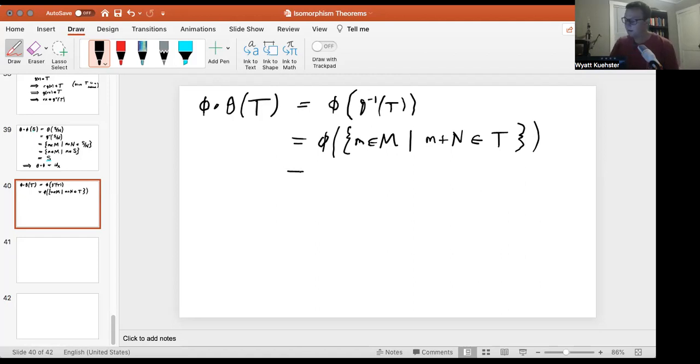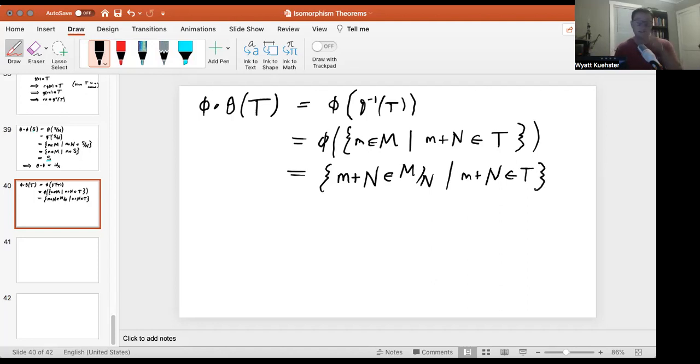And then when I apply phi to this, phi is just applying the quotient map. So I'm taking all these elements little m and sending them to their cosets under N. So now I just have the cosets m plus N in the quotient module M over N, such that m plus N is in T. That's what doing phi does. It sends things to their cosets.